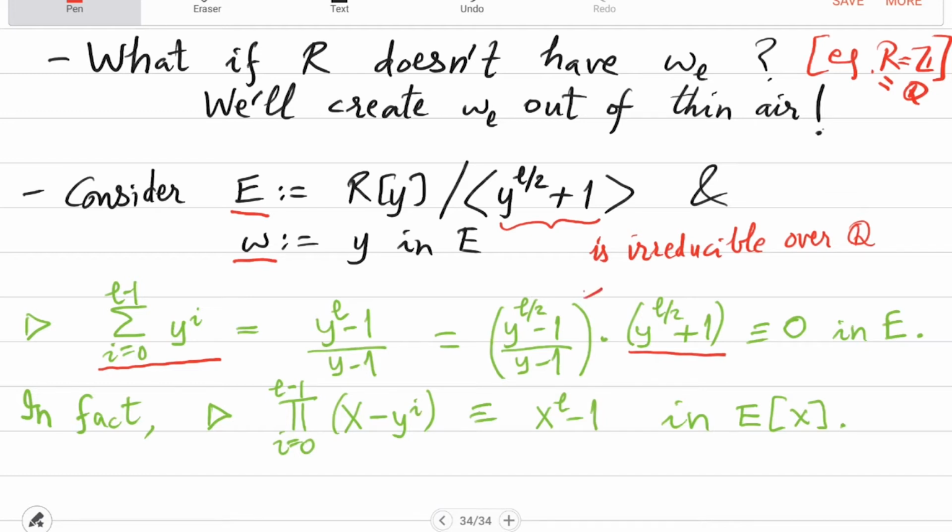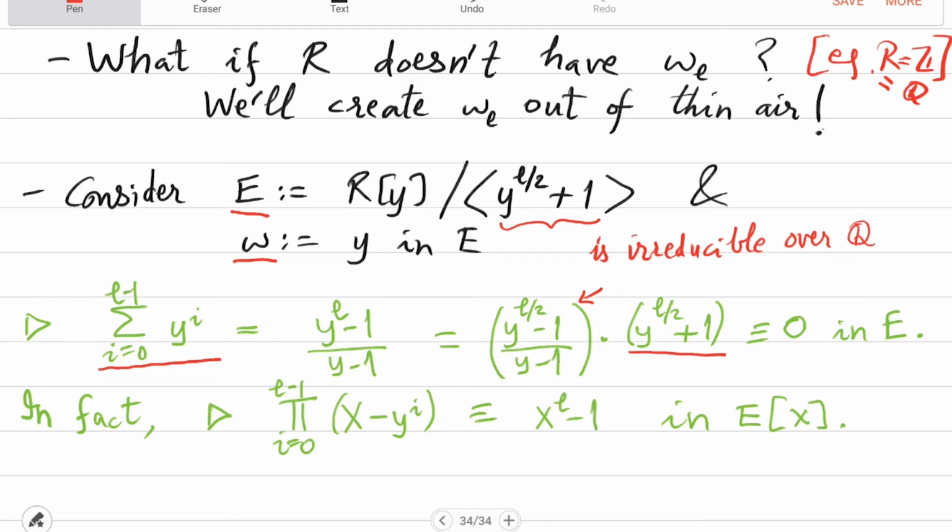You can see that this is actually a polynomial factor times another factor, which in E is 0, because y to the L by 2 plus 1 is 0. That is the beauty of this modulus: sigma y to the i actually vanishes. That is one of the key identities you need for polynomial multiplication.